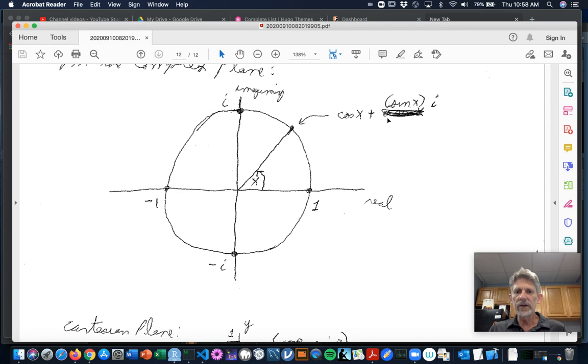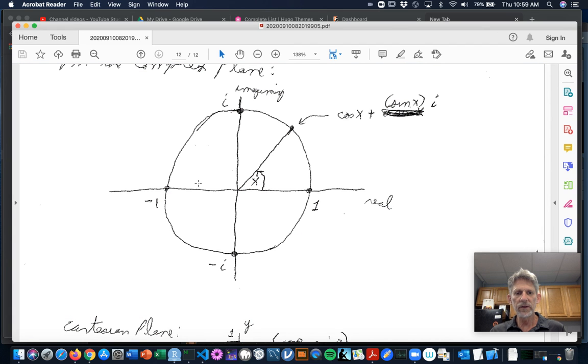And so e to the ix actually just cycles around the unit circle as x changes. We found that e to the I times 0 was here at 1. We found that e to the pi over 2 times I was here at I. E to the pi I was a -1.